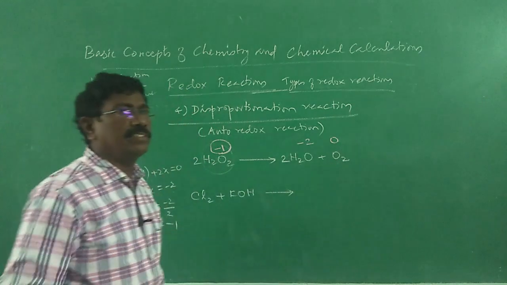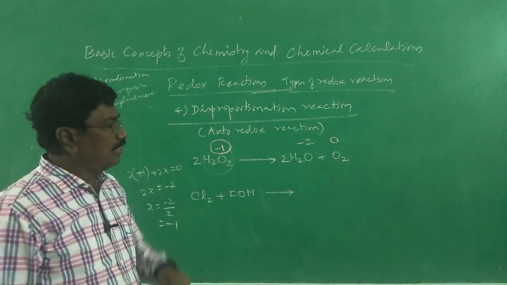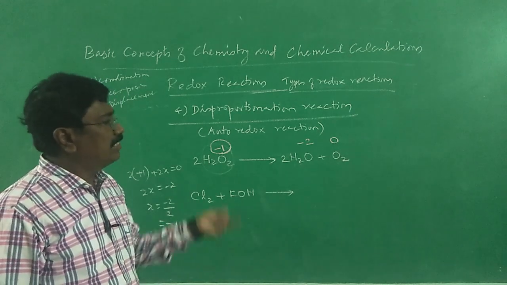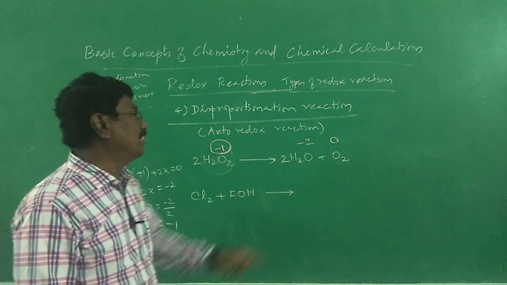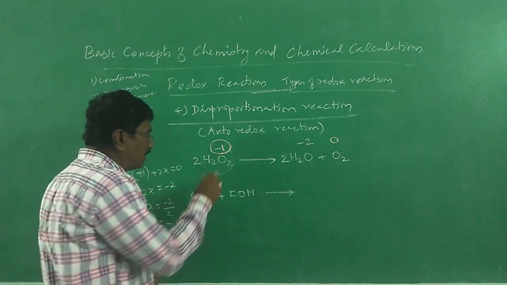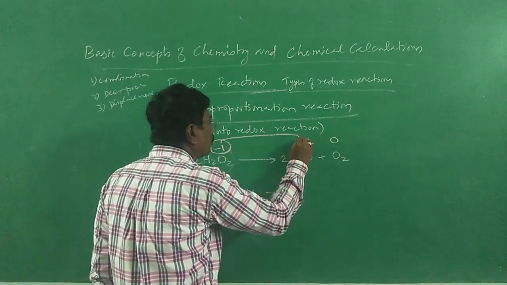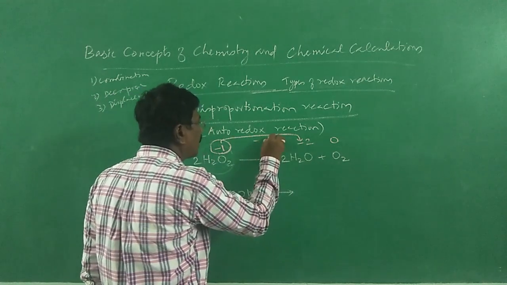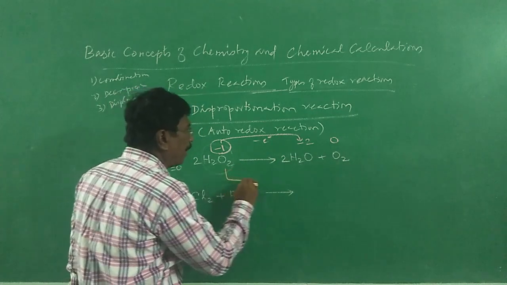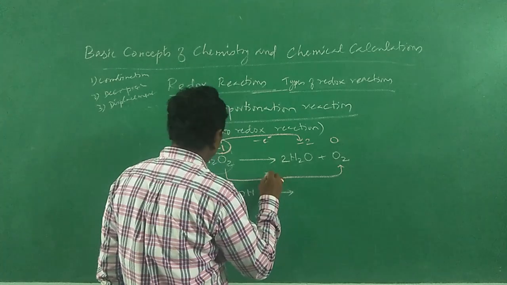In the elemental condition, as long as we say an element, iron, cobalt, nickel, copper, oxygen, nitrogen, chlorine, any element, oxidation number should be 0. So here, oxygen from -1 is reduced to -2 by gain of an electron. Oxygen from -1 is oxidized to 0 by loss of 1 electron.